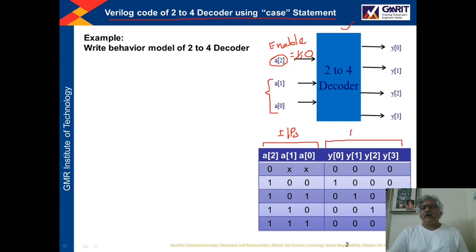Outputs are also declared as a vector. If A2 is 0, meaning the decoder is not enabled, because A2 is our enable input, then whatever the value of A1 or A0, all the output lines will remain 0, meaning the decoder is not in operation.